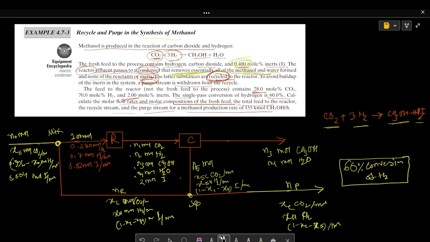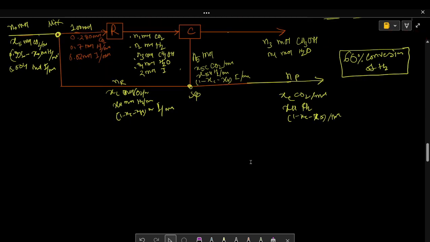From this extra information, that 60% hydrogen conversion, we can easily calculate. Let's divide it into three or four sections, which is easy to understand and solve.